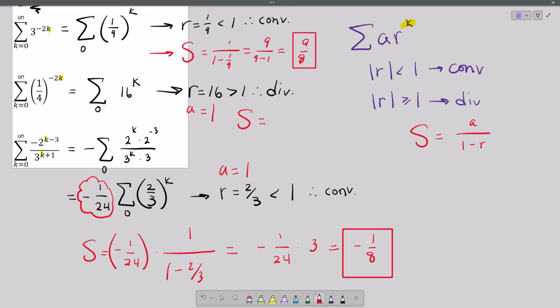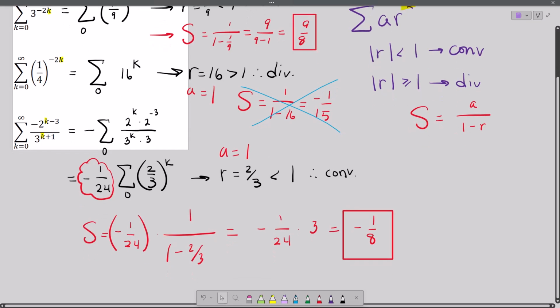A is 1. You could do this kind of thing and get -1/15. That is meaningless. That is not the sum of the series. So if the series diverges, it diverges. You don't have to go find an S. That S is meaningless for a divergent series. Because it diverges, it doesn't have a sum.